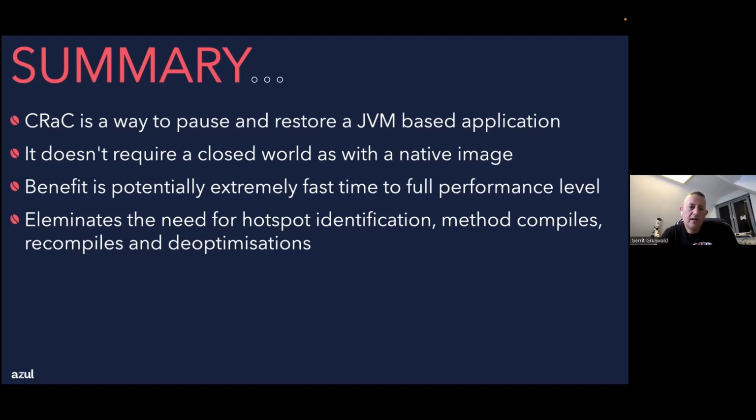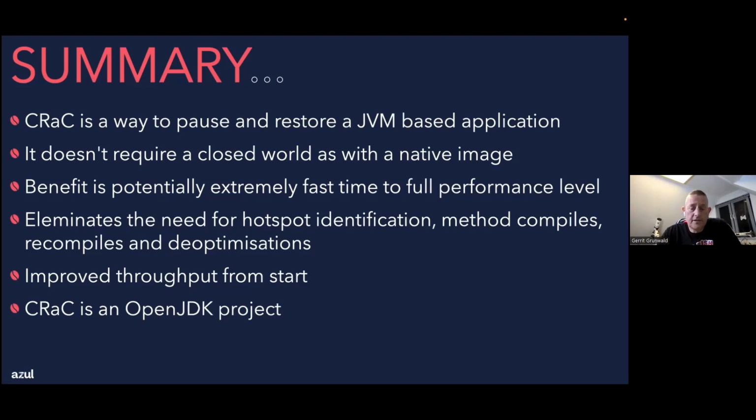We somehow eliminate the need for detecting hotspots, compiling methods, recompiling, and de-optimizations, because this is all done before we create the checkpoint, right? Once we went through this phase, we create the checkpoint, and then we don't need to do that anymore. With this, it improves throughput from the start. And it's an OpenJDK project, and it can also save you some money.